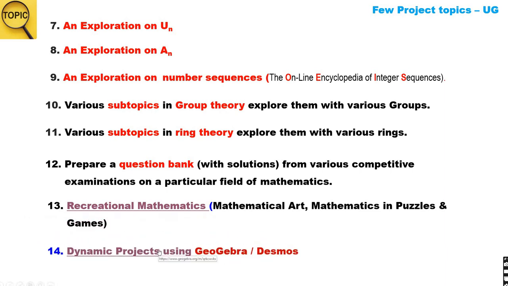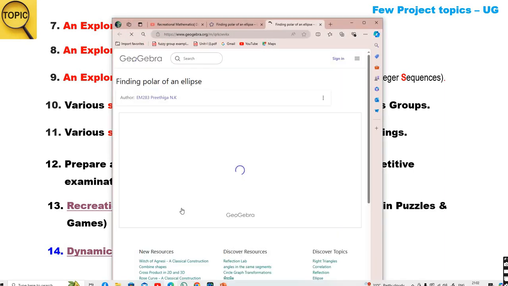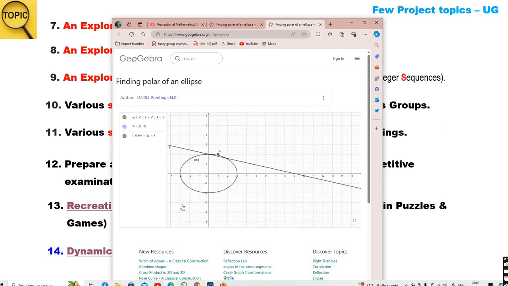For example, as a dynamic project, this one in which if the pole lies inside the ellipse, where will be the polar? If it lies on the ellipse, where will that polar be? And outside, where will be the polar?